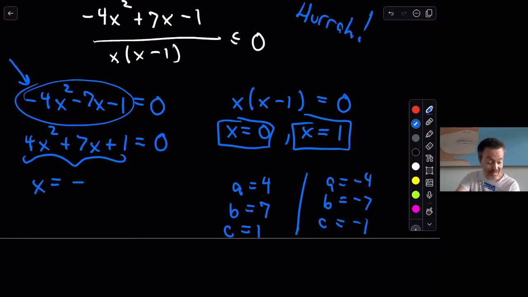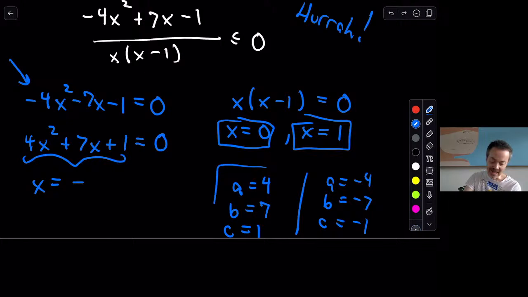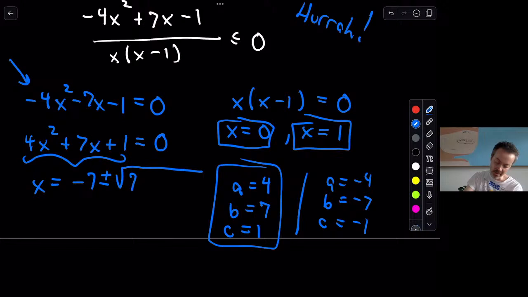Again, you get the same zeros. It doesn't matter. But I'm going to use these, only because they're all positive. Hopefully I won't make a sign mistake. So negative b plus or minus the square root of b squared minus 4 times a times c, all over 2 times a.